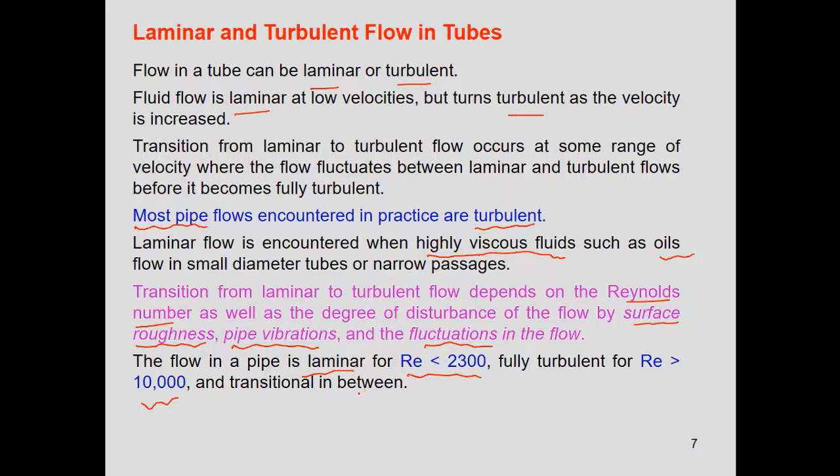Please do not mix these criteria for external flow and internal flow. This is for internal flow, and for internal flow in the pipe, if the Reynolds number is lower than 2,300, it is laminar flow. Higher than 10,000, it is turbulent flow. Between 2,300 and 10,000 is the transient flow. This is a good scale for us to know if the flow in the pipe is laminar or turbulent.